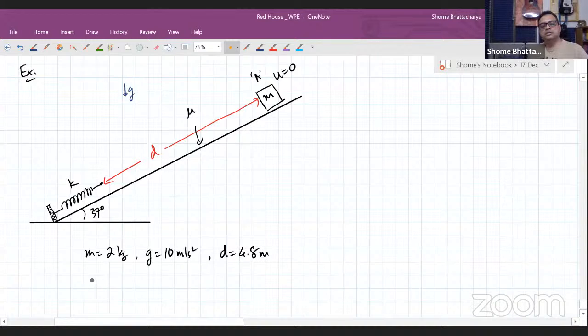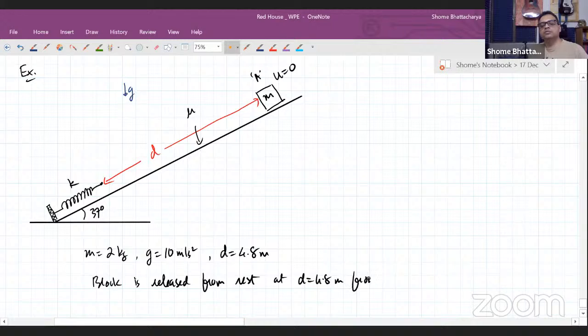So the block is released from rest at d equal to 4.8 meters from the spring's tip, or the end of the spring.